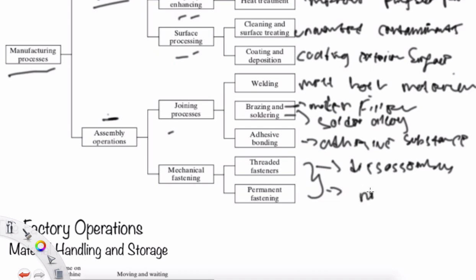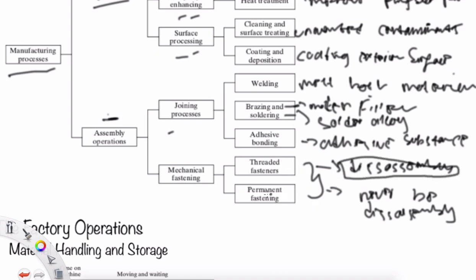So when we use a fastener, after the fastener is applied to the product, it is still able to be disassembled, and the permanent fastening can never be disassembled. So that is the manufacturing processes overview.